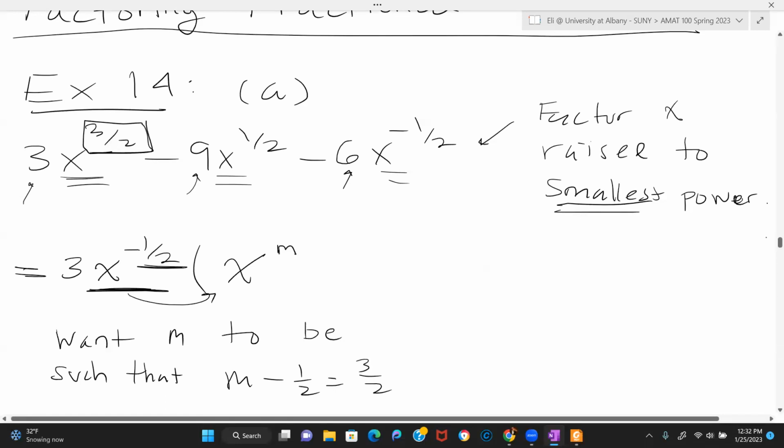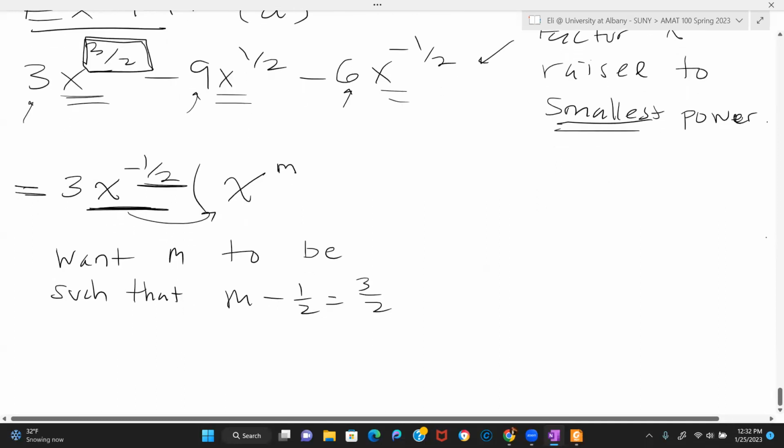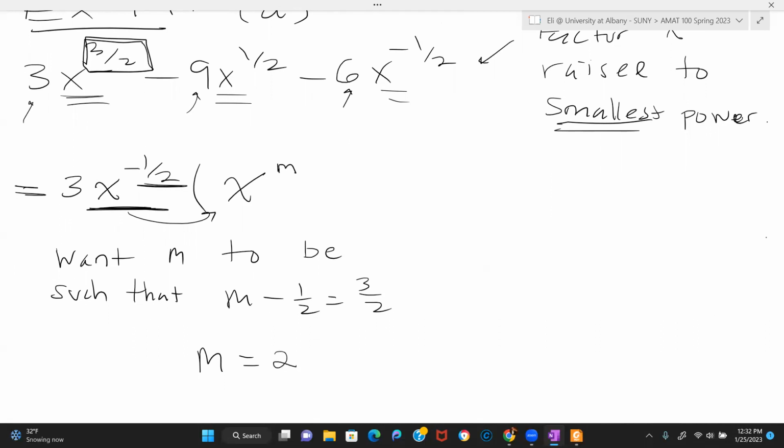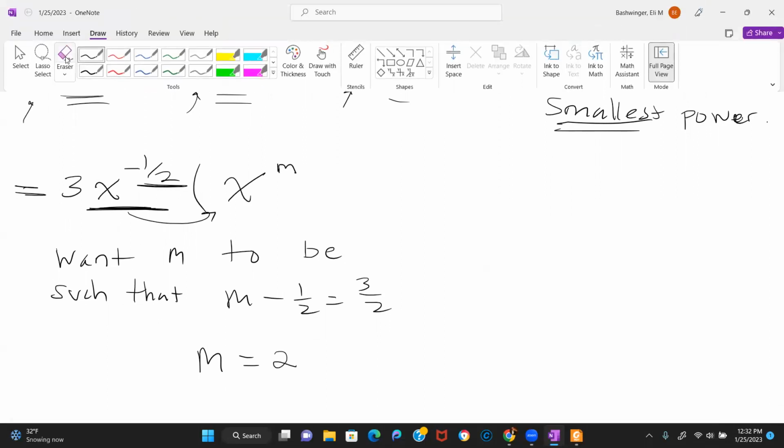You should be able to get this 3/2 back. Well, you can figure out what that is pretty easily just by solving for m. So you're going to add 1/2 to both sides, and that'll give you 4/2, which is the same thing as 2. All right, so let's put 2 in there.